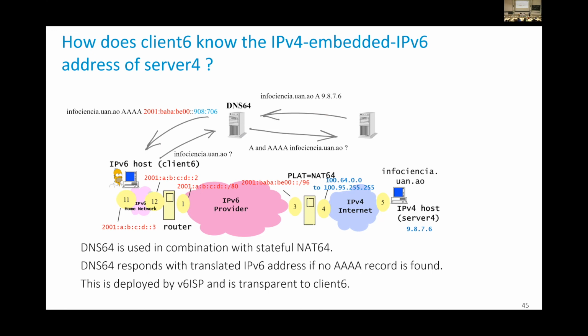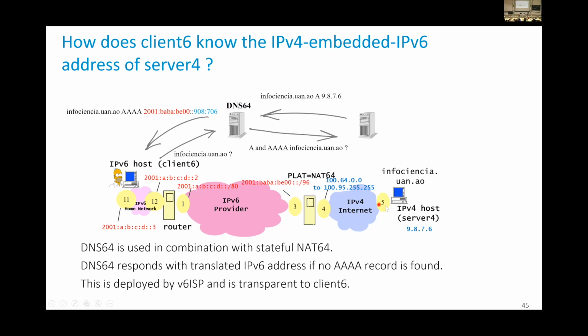So what's the solution? Well, we need the collaboration of the DNS here. We will put into DNS a version of DNS that's called DNS64. We will put in DNS an address, exactly this mapped address, that corresponds to an IPv6 address of this. So this is done by the provider that provides this transition mechanism.